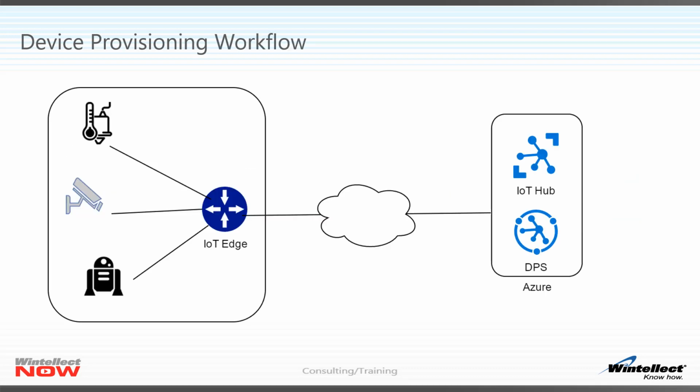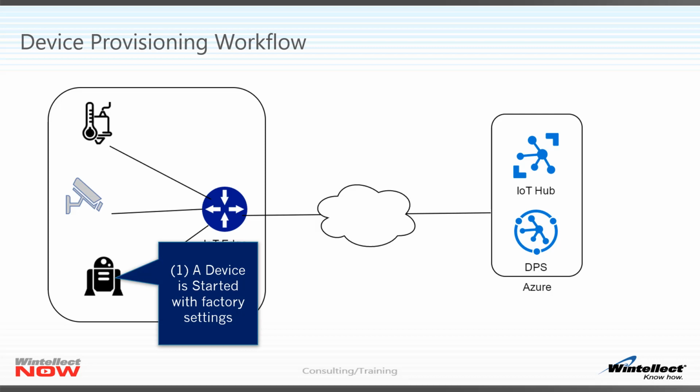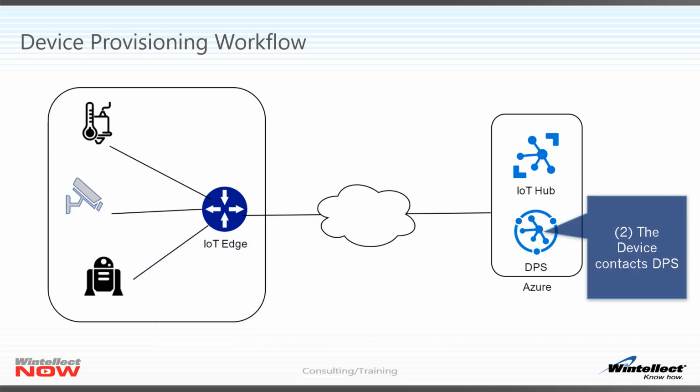Typically the way that looks is something like this. A device is started with the factory settings, so it comes by default with some kind of factory settings. When you turn that device on, it notifies the device provisioning service and says, okay, I'm here.